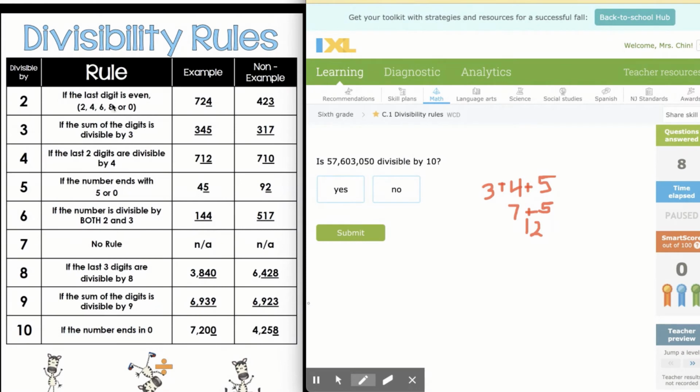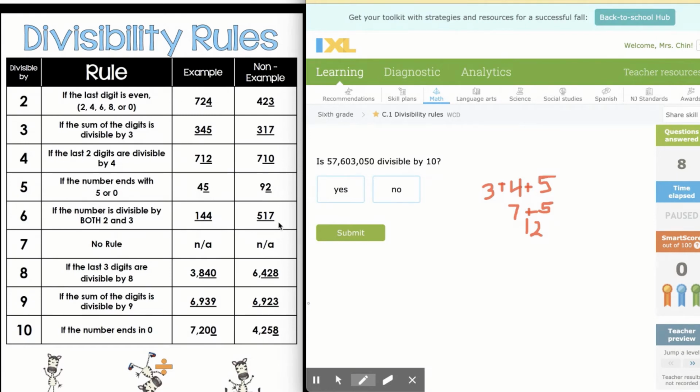Well, the rule says if the last digit is even. 4 is an even number, so I know 144 is divisible by 2. Now let's check the rule for 3. If I add the digits, 1 plus 4 is 5, 5 plus 4 is 9, 9 is divisible by 3, so that means this number passes the test for both 2 and 3, which means it's also divisible by 6.